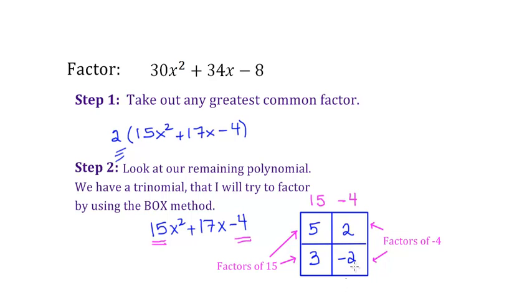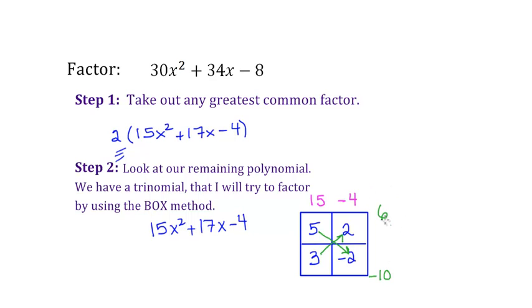Now, how do we know if this is the correct box that will help us to factor this trinomial? Well, now we do a bit of cross multiplication. We now check by cross multiplying. We take 5 times negative 2, and 5 times negative 2 is negative 10. And we cross multiply the other way, 3 times 2, and that gives us 6.